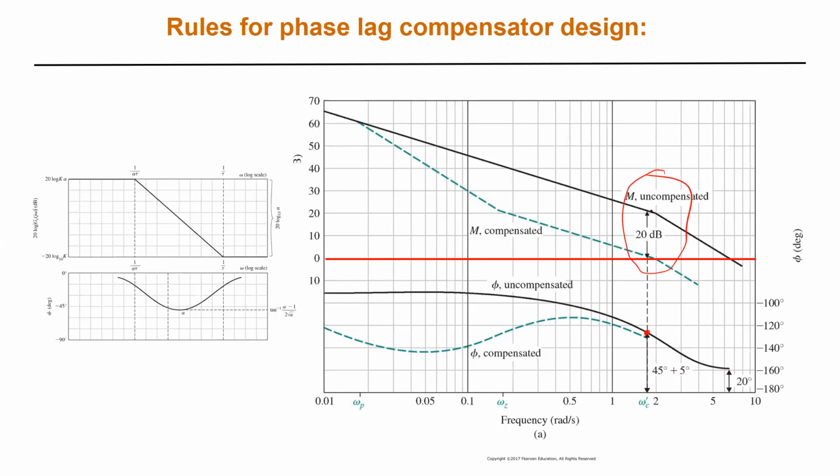I want to force the system to have the crossover frequency at this point. They call it gain attenuation. I want to take out the gain at the new phase margin, which I can read from the system phase, and I want to drop the gain by 20 dB.